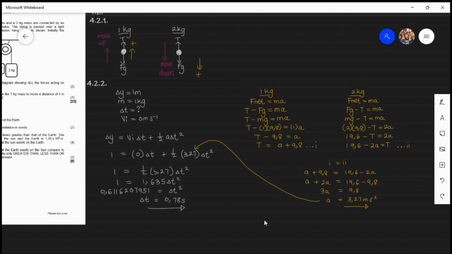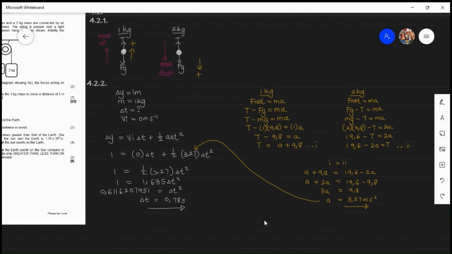This also resulted in having two different directions as positive and negative for both my objects. So because my 2 kg mass was moving down, everything going down was positive and everything going up was negative. And because my 1 kg mass was moving upwards, everything moving up was positive and everything moving down was negative.